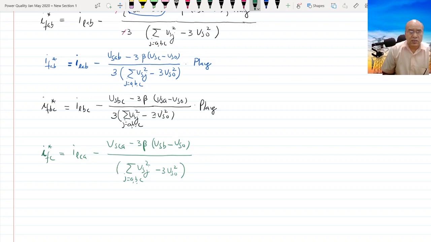So this bracket, put 3 here, into PL average.